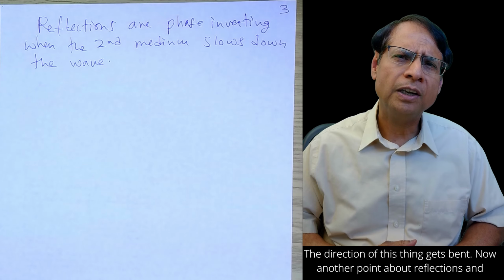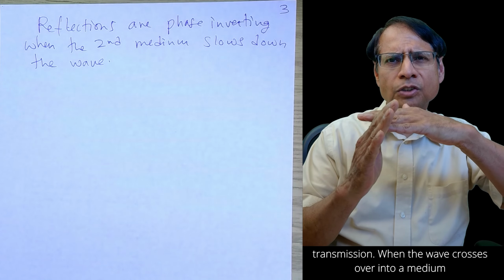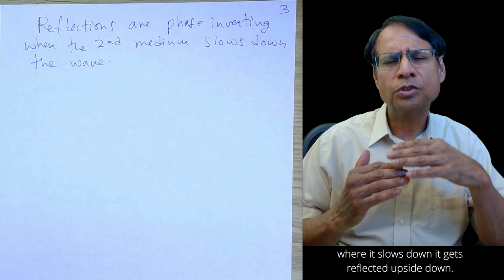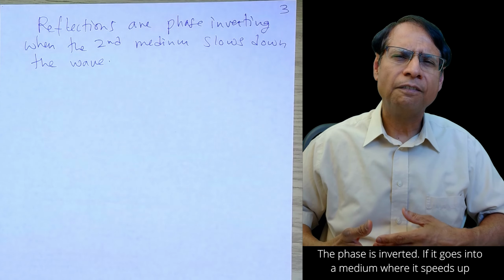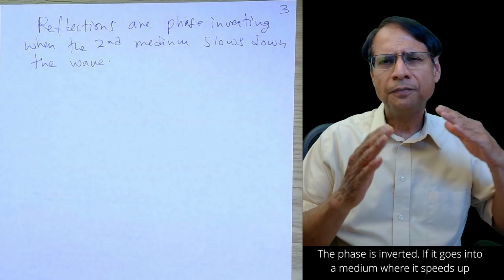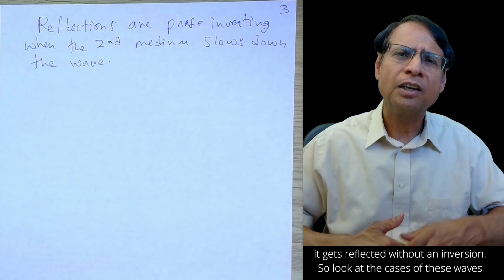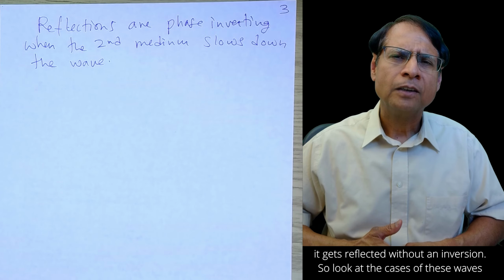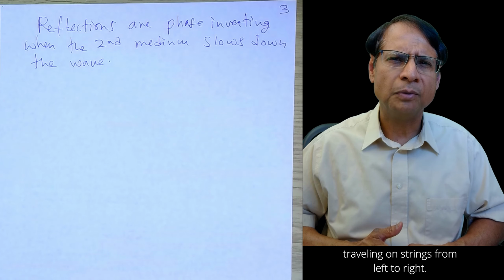Now another point about reflections and transmission. When the wave crosses over into a medium where it slows down, it gets reflected upside down. The phase is inverted. If it goes into a medium where it speeds up, it gets reflected without an inversion. So look at the cases of these waves traveling on strings from left to right.